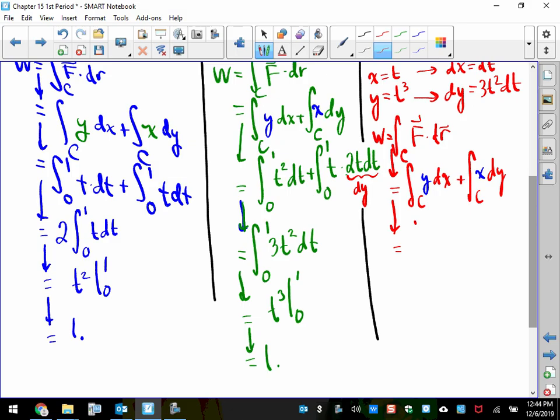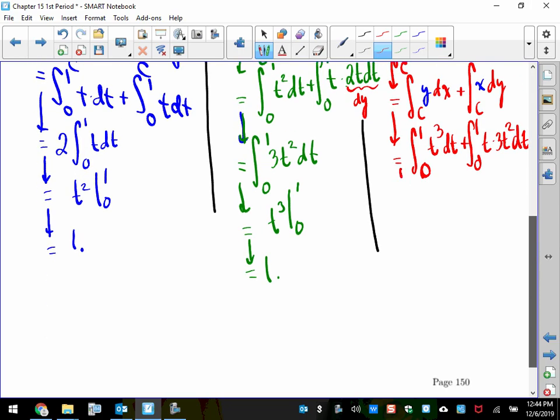The y value is t cubed, dt is dx, and this is going from 0 to 1. x is t, and then dy is 3t squared dt. And now this is going to be the integral from 0 to 1 of 4t cubed dt, which is t to the fourth from 0 to 1. So we're seeing a kind of pattern here, which is just 1.